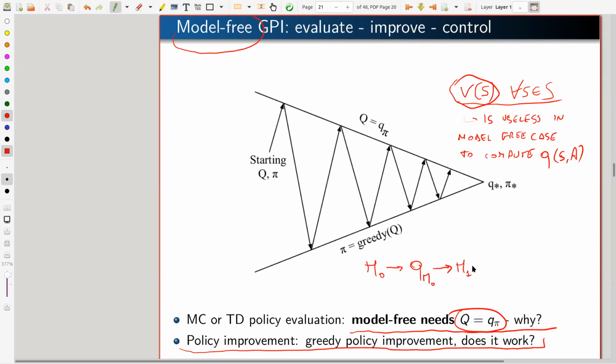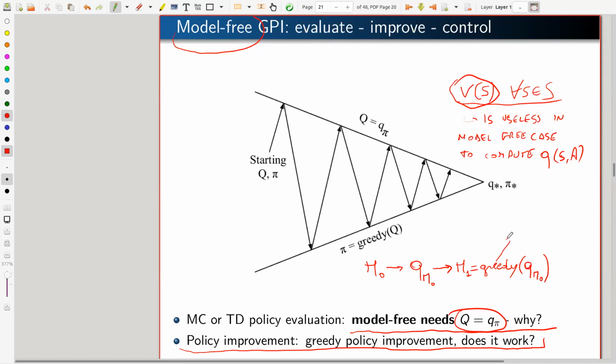Remember, the new policy is the policy choosing the max value of actions for every state. This policy is called the greedy policy with respect to the Q value.